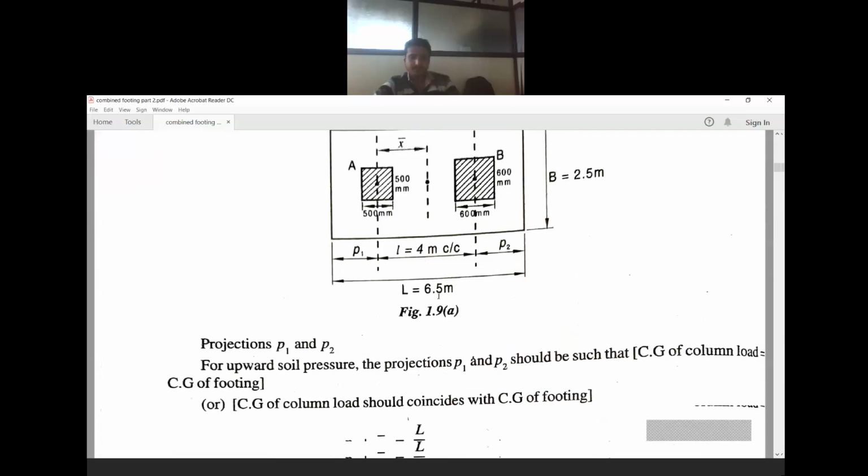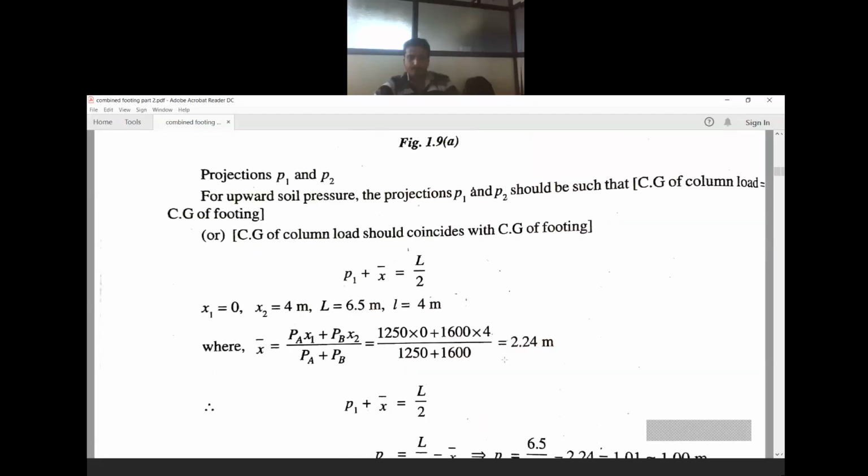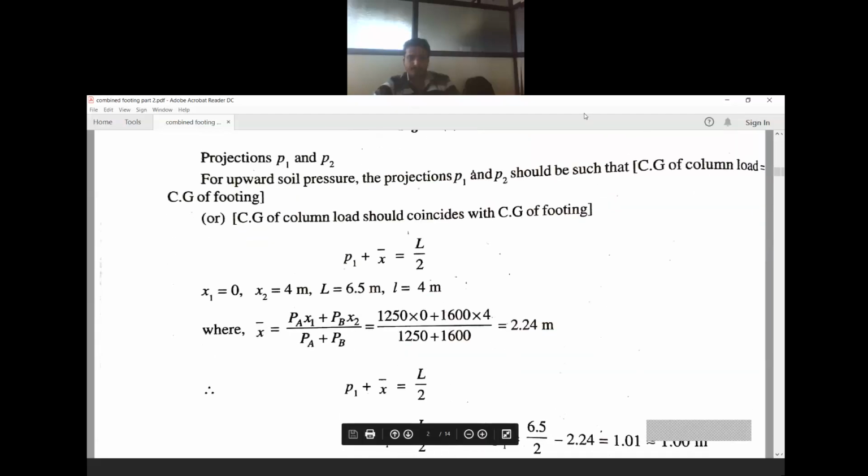X value calculation. Yes, X value calculation. According to this problem, they have used one formula. To understand how we got this formula, what we shall do is write the equilibrium condition equation.